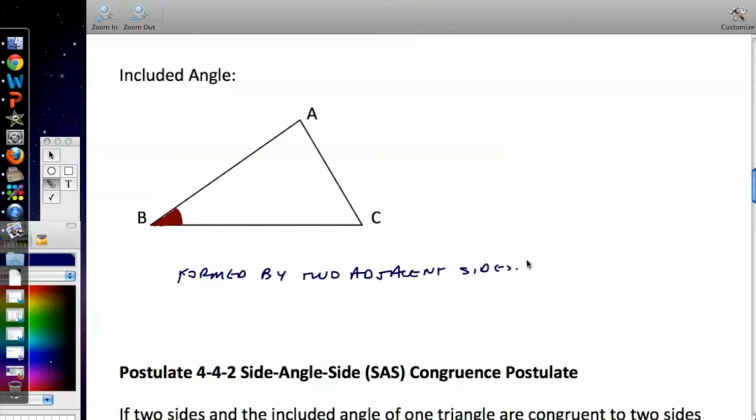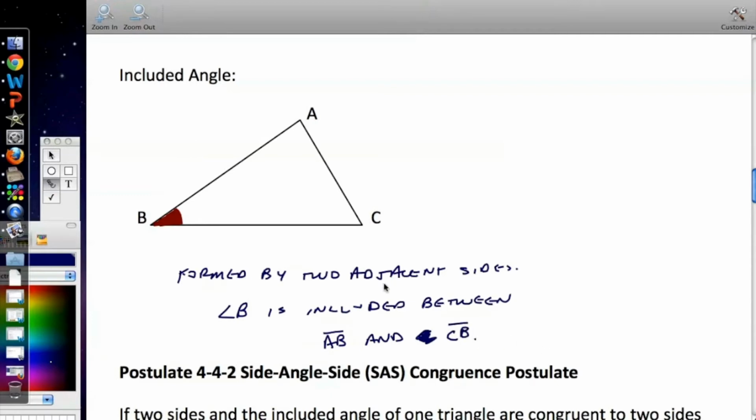So, for example, angle B is included between side AB and CB.